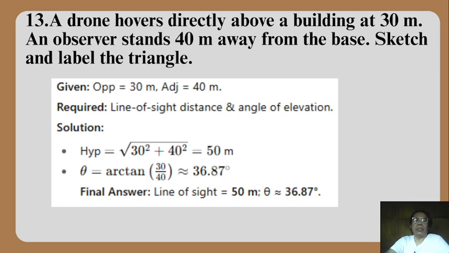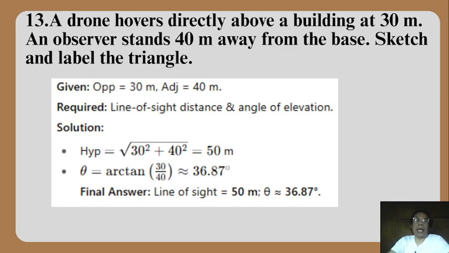So our solution, because the opposite and the adjacent are given, using the Pythagorean theorem, hypotenuse is equal to the square root of opposite squared plus adjacent squared. Substituting the given data, opposite 30 meters and adjacent 40 meters, the answer is 50 meters.